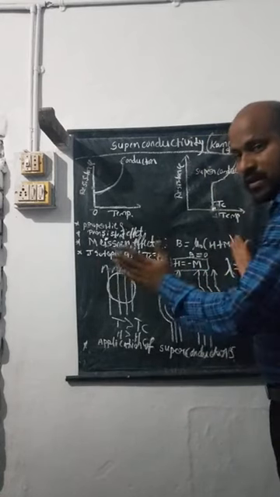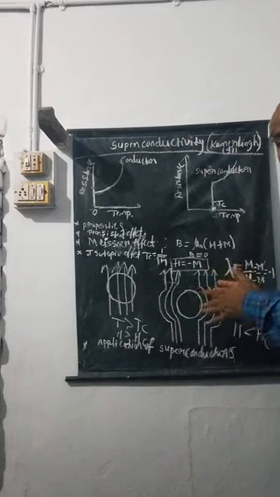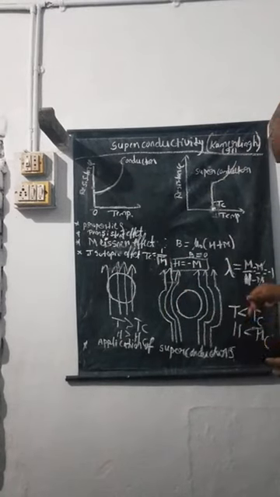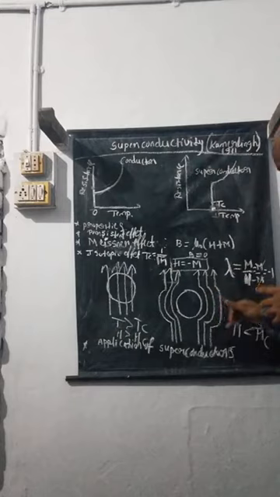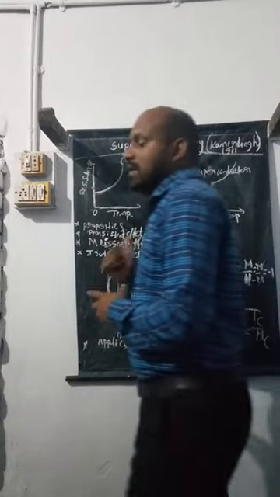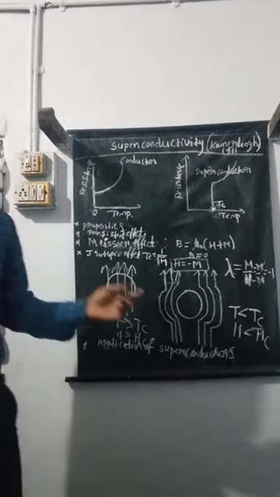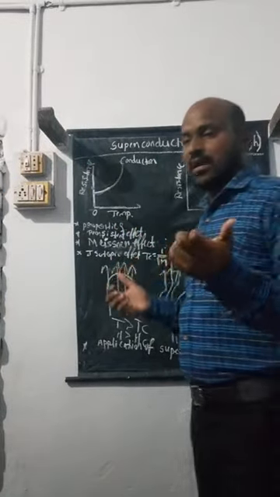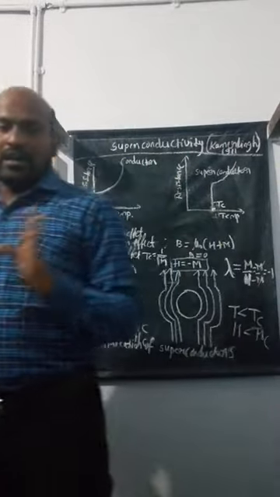That happens when the temperature is less than the critical temperature. In that case the magnetic field will be expelled. This entire phenomenon is called the Meissner effect.